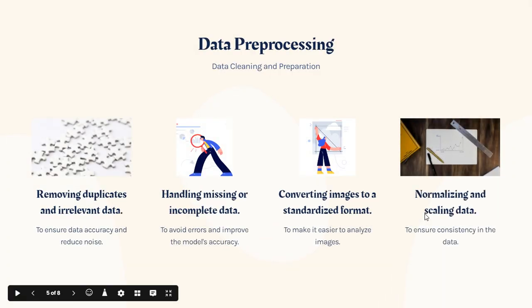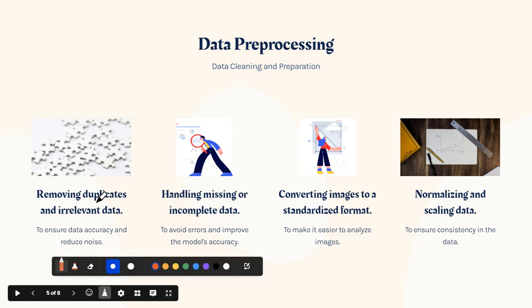Data pre-processing is a critical step in data analysis and machine learning projects. It involves transforming data into a format that is suitable for analysis and modeling, removing duplicates and handling incomplete data, and cleaning the data by removing any irrelevant or inconsistent information such as duplicate records or incorrect values.